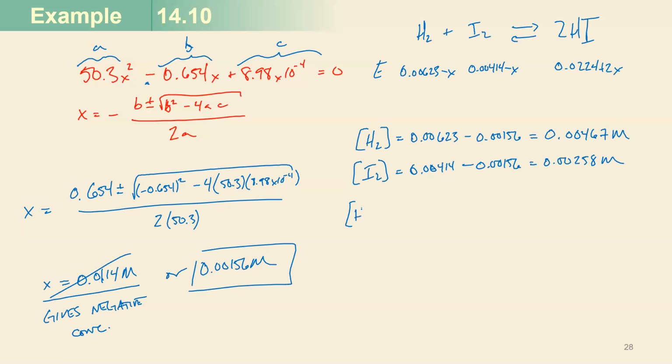And then for HI, 0.0224 plus 2 times 0.00156 is 0.0255 molar.